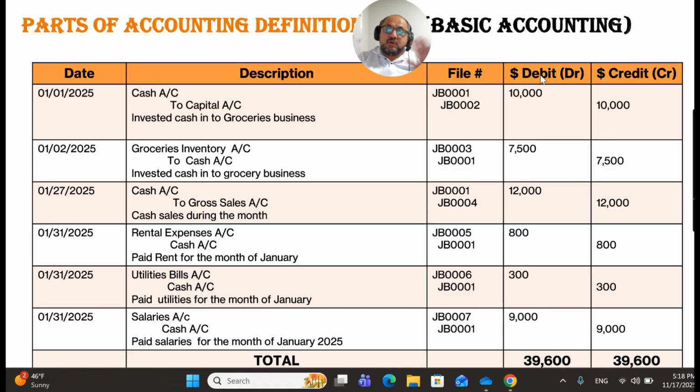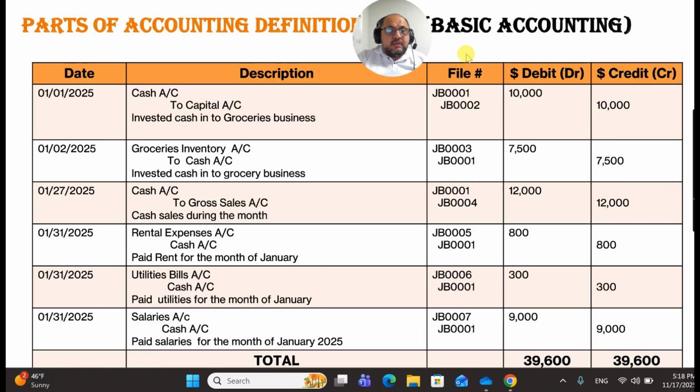This is the debit column on the left side, and this is the credit column on the right side. Left, right. Debit, left; credit, right.